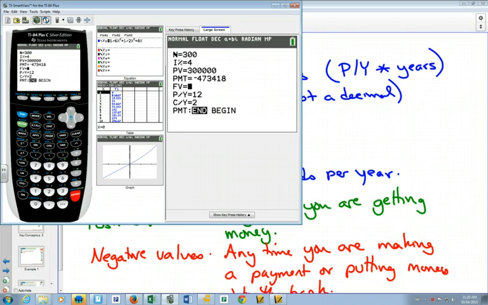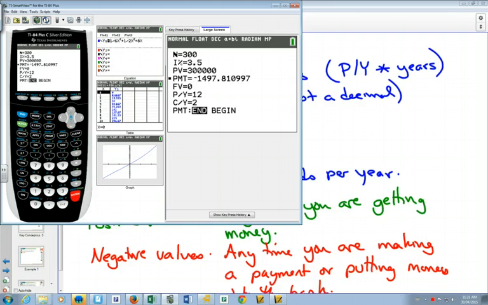So this is what 4% does, $473,000, about $173,000 of interest to the bank. You do some shopping around and you find another mortgage company that is able to say 3.5%. And you wonder to yourself, well, how much of a difference does 0.5% make? So I'm going to find out what our monthly payments are now.